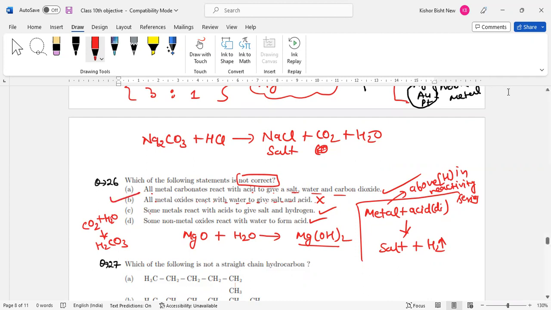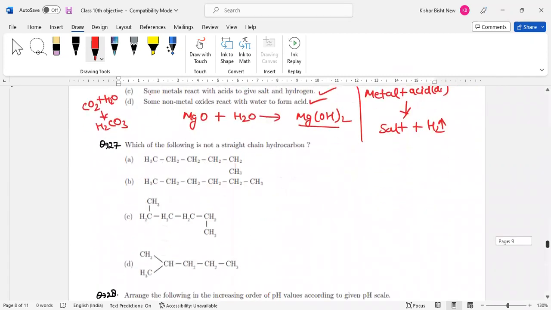Now come to question number 27. Which of the following is not a straight chain? Please read properly because most questions are coming with not. So whenever not is there, please mark it. This is the IUPAC rule: first you need to find the longest carbon chain.